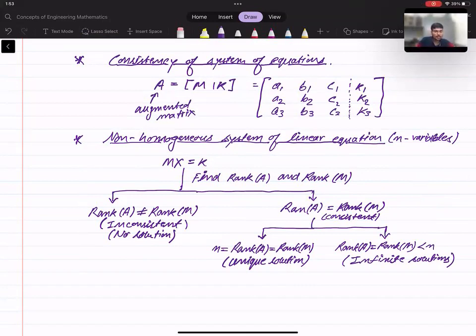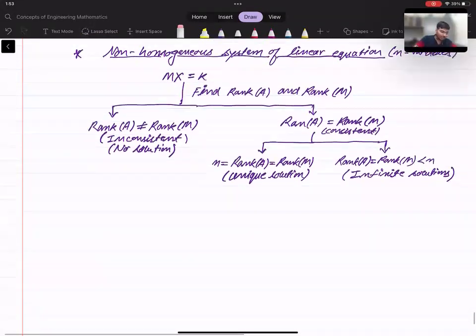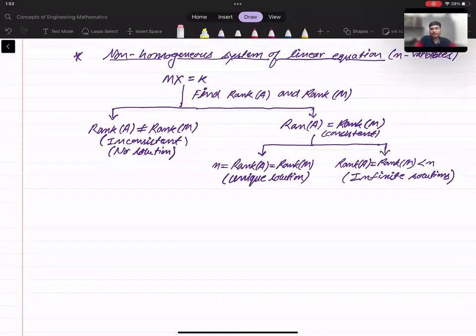Okay. So now let us see the consistency condition for a system of homogeneous equations also. Homogeneous system of equations basically means that there will be no constant term on the right hand side, only variables and their coefficients, and the right hand side will be zero.